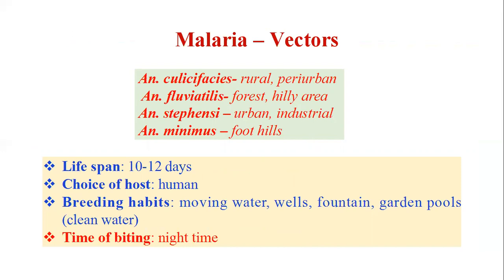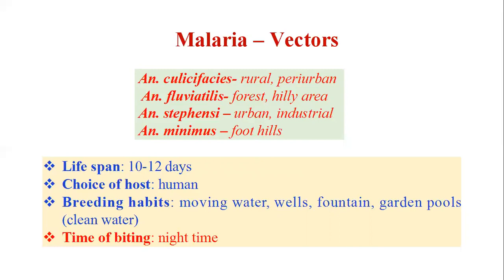Anopheles culicifacies are mostly rural and peri-urban mosquitoes, whereas Anopheles fluviatilis is mostly found in forest and hilly areas. Anopheles stephensi is found in urban and industrial areas, and Anopheles minimus we can find in the foothills. So these are the vectors.